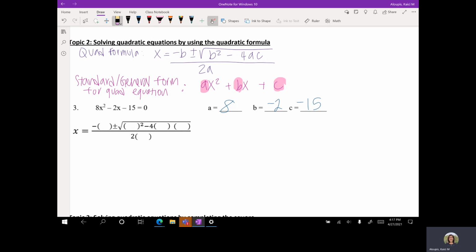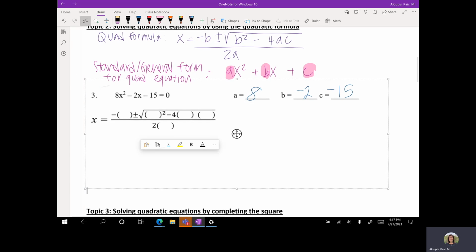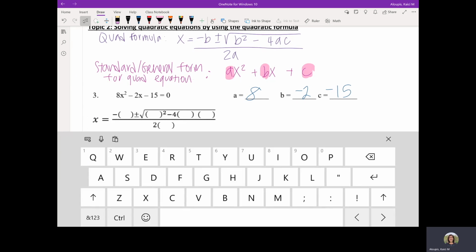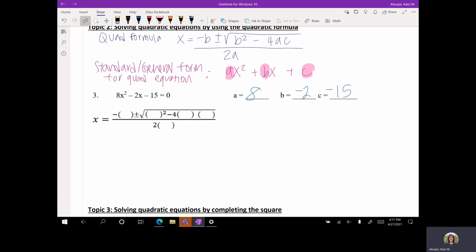Okay, what we're going to do now is they already set up the quadratic equation really nicely for us: negative b plus or minus the square root of b squared minus 4ac, all over 2a. So I'm going to plug in what we know for these letters, as we just identified a, b, and c.